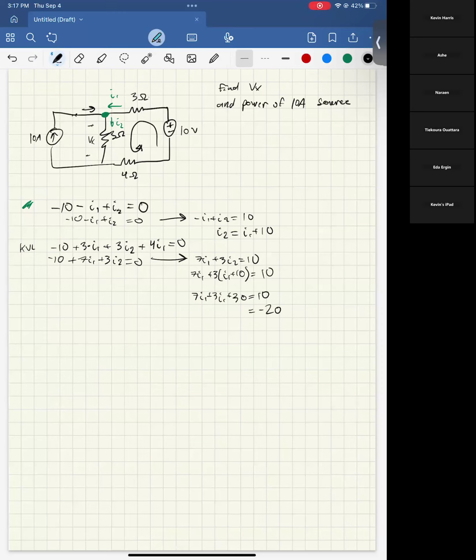Is that? No, I'm doing something wrong here, I think. Maybe. Wait. So I shouldn't be getting a negative there, I don't think. Pause for a moment. 7 plus 3, yeah.